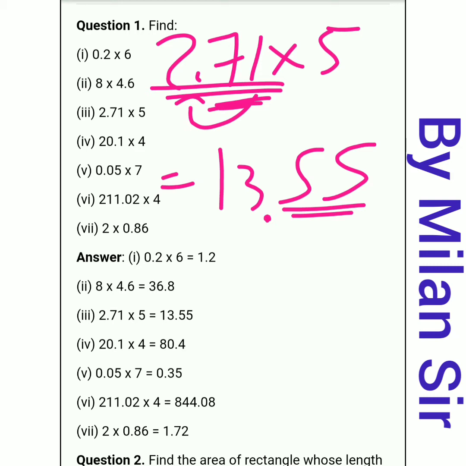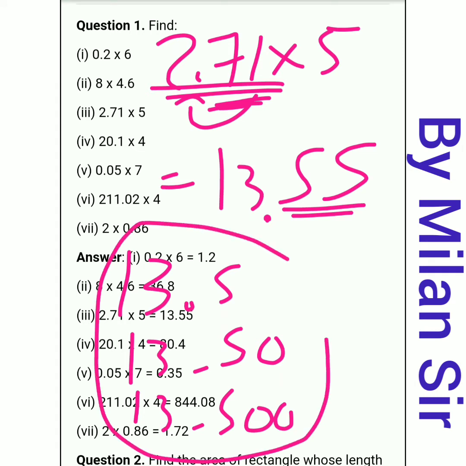That means 13.55. We cannot read it as thirteen point fifty-five hundred; we need to read the digits simply, like this: 13.55. Because 13.5, 13.50, 13.500, these are all the same. The value of all these numbers is the same.